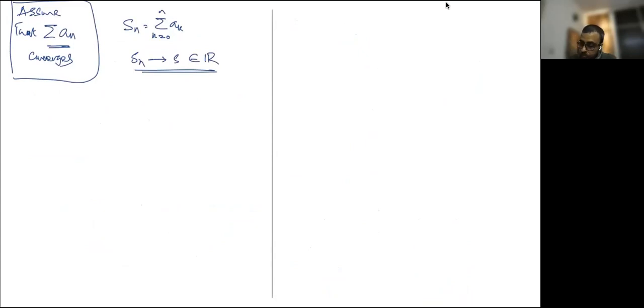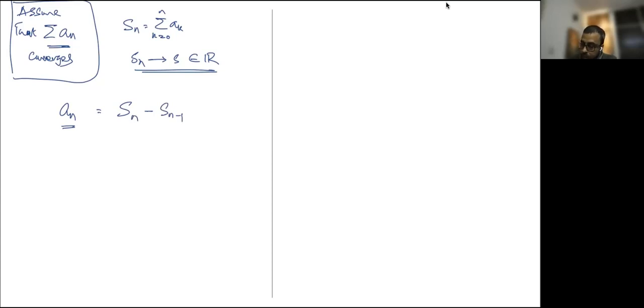Okay. Now, if you look at the nth term, if you write it in terms of the Sn, the partial sums, what is it? An is Sn minus Sn minus 1.